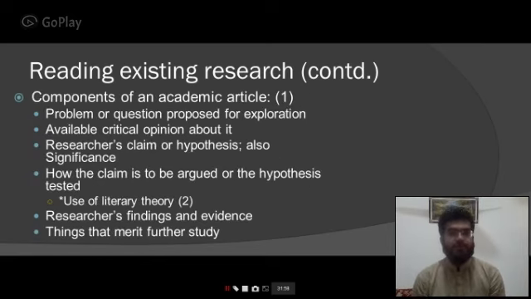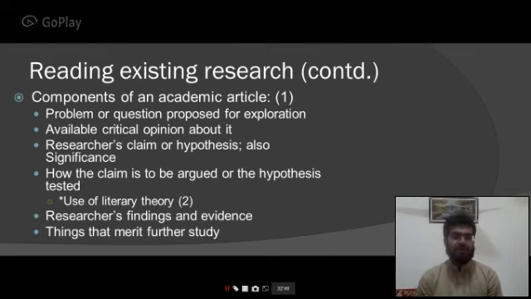In the end, I want to guide you about how to look at the structure of an academic article and then sift through it more easily and derive more information out of it. Here, I'm going to list a few components of academic articles common to most research papers.